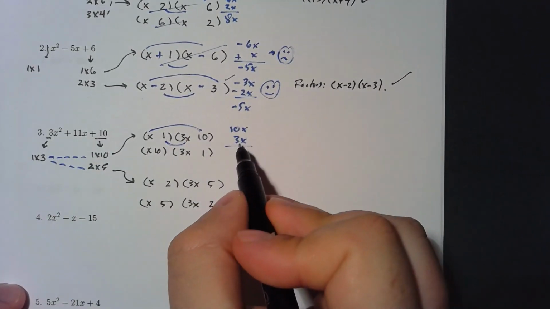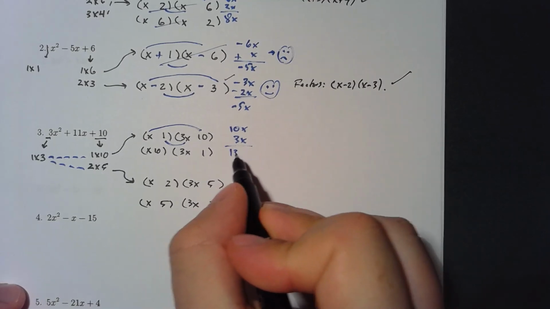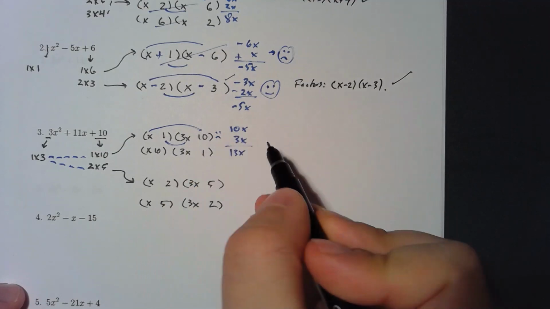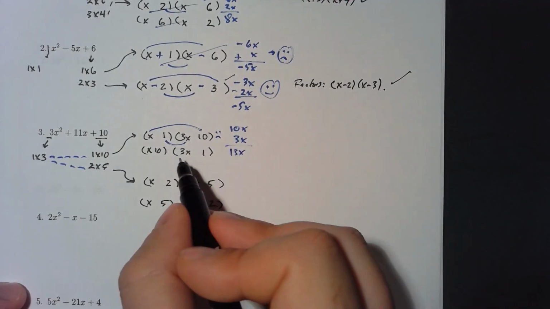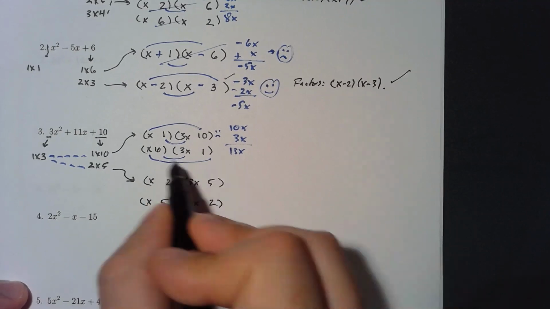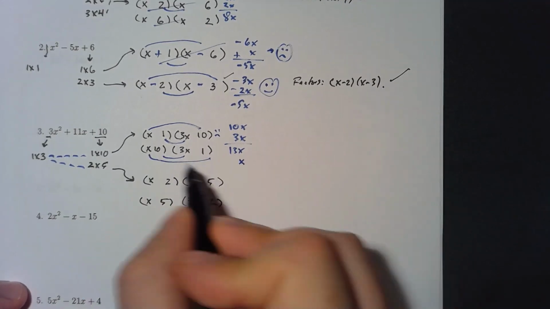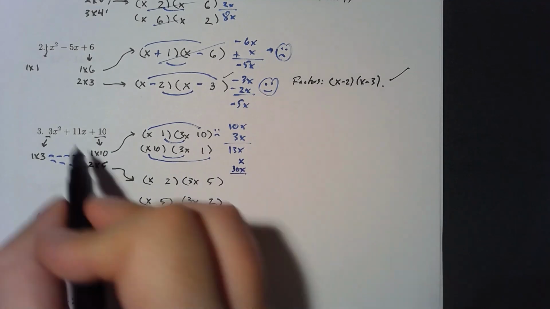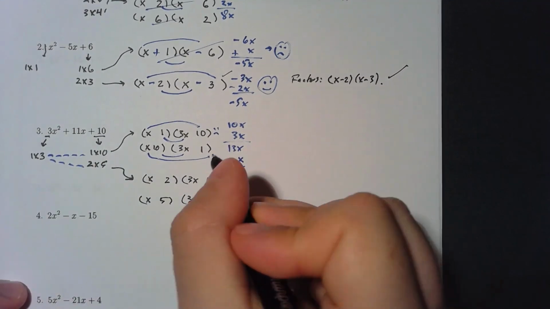What am I going to get from that? Well, I'm going to get 13x. I have 11x. So this one doesn't look good. What about this one? Outside, inside. So x times 1 is x. 10 times 3x is 30x. There's no way I'm getting 11x from that, so that one doesn't look good either.